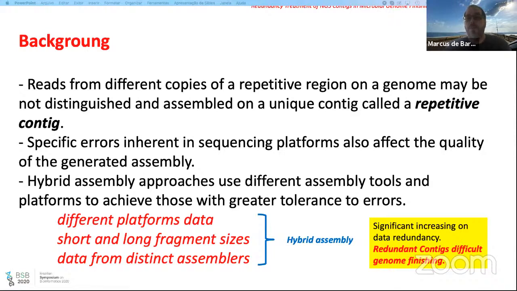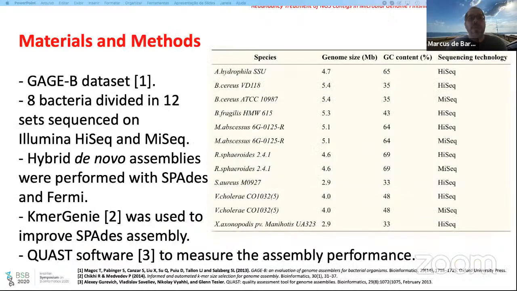This is responsible for a significant increase in the amount of generated contigs and therefore subsequent redundancy in data. And so redundant contigs make the genome finishing process much more difficult. Well, this work presents a hybrid computational method to detect and eliminate redundant contigs from microbial genome assemblies.